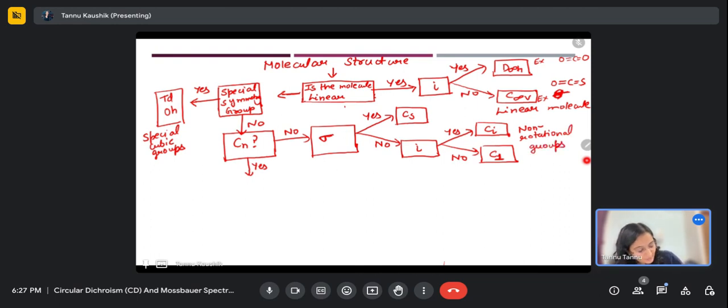What if we have a rotational axis in the molecule? So the next question we will be asking is whether the molecule has nC2 perpendicular to this principal Cn axis.